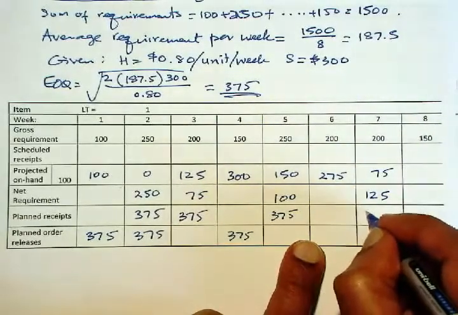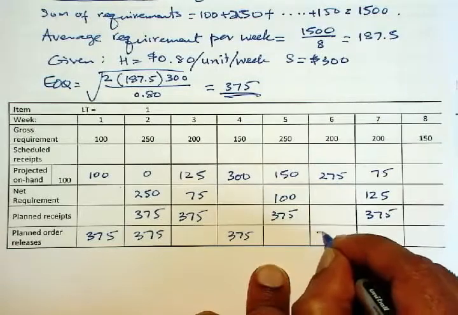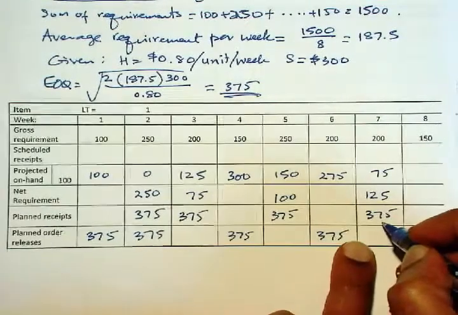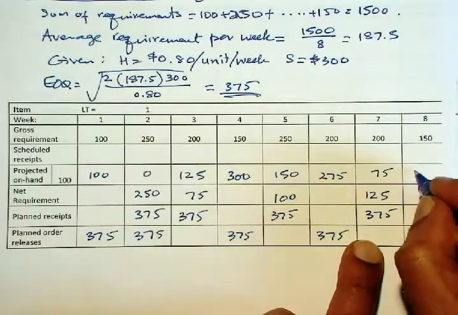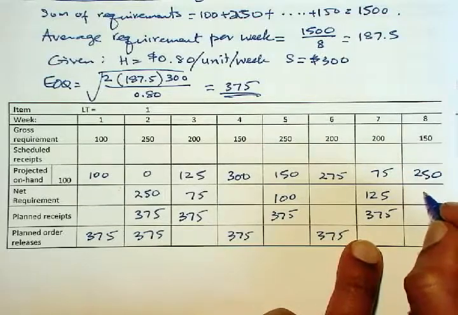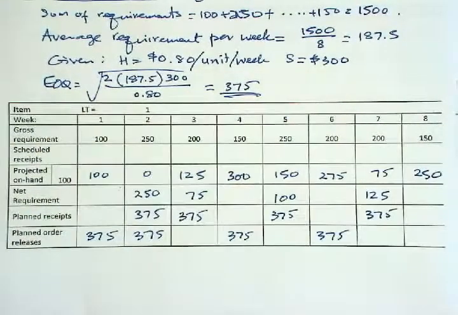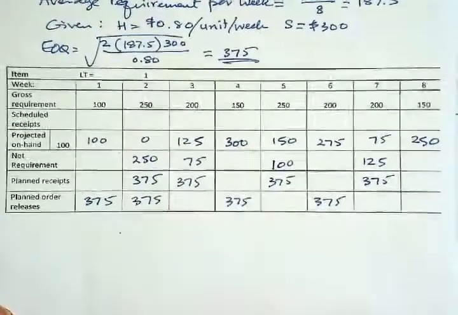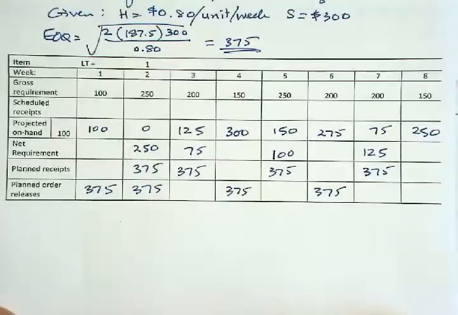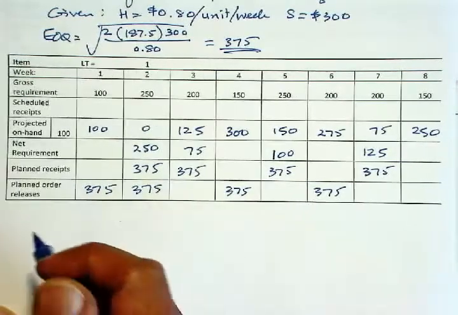So we order 375. Now 375 minus 125 will give you 250, and so there is no net requirement at that point. So this is our MRP plan. Okay. So now we need to compute the cost.